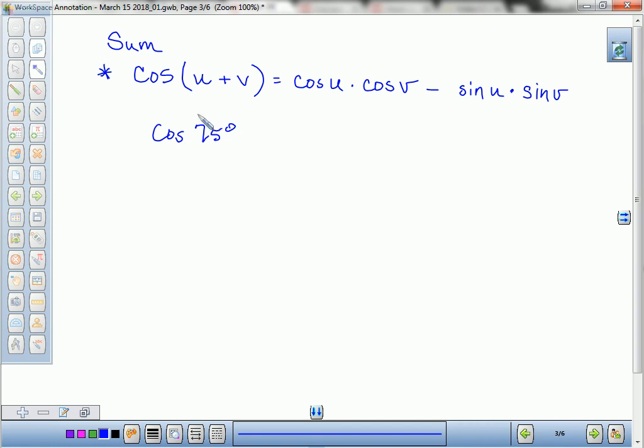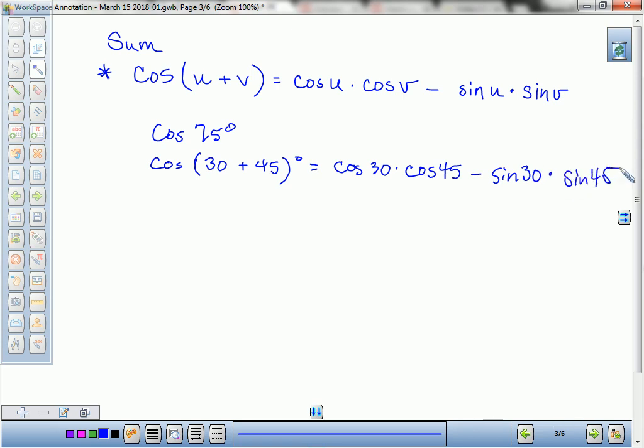This is not one we know, but we do know cosine of 30, and we do know cosine of 45. So what we would do is cosine of the first times cosine of the second minus sine of the first times sine of the second. This is where you're thankful you know your unit circle.